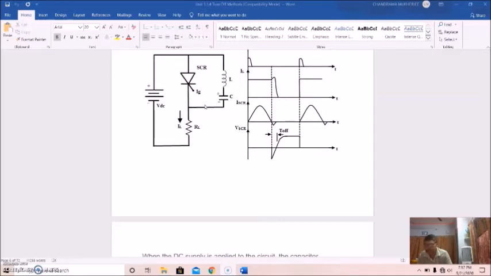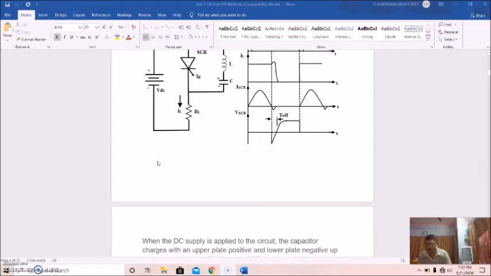As a result, the thyristor current will be the load current minus the capacitor current, IL minus IC. As soon as the commutating current IC is greater than the load current, the thyristor is turned off.